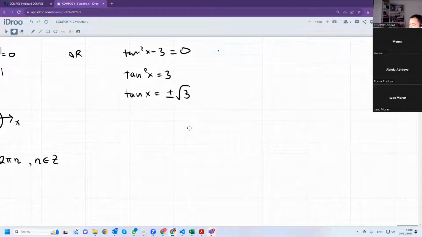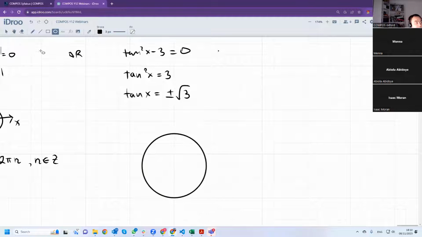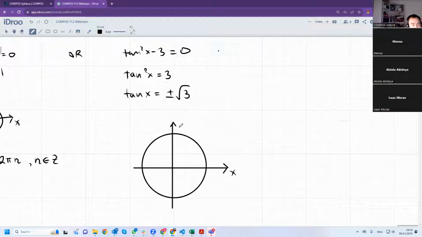So tan x is equal to root 3, and so x and y. Where is it equal to square root of 3? Well, we know tan is square root of 3 when it is pi over 3, and minus square root of 3 when it's minus pi over 3.